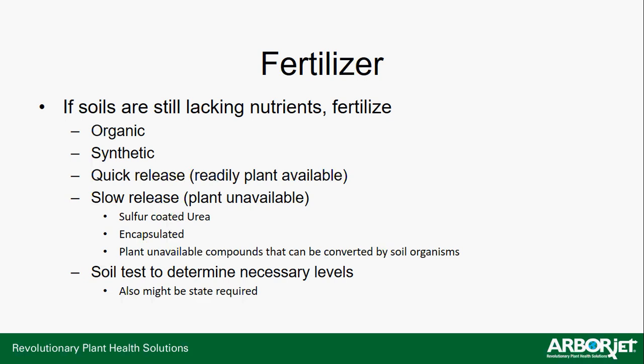You should always do a soil test to determine what you need for nutrients, what levels of nitrogen, phosphorus, potassium, magnesium, and calcium. Depending on where you live, it also might be state required. Where I live in Massachusetts, phosphorus fertilizers have been banned, except when your soil test proves that you need at least 1 pound of phosphorus per 1,000 square feet.